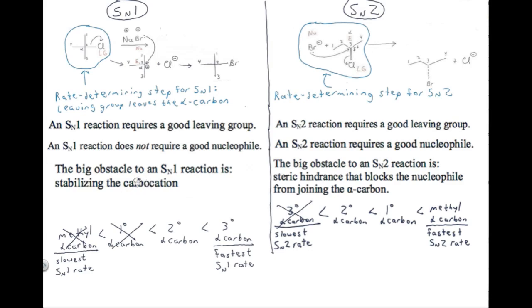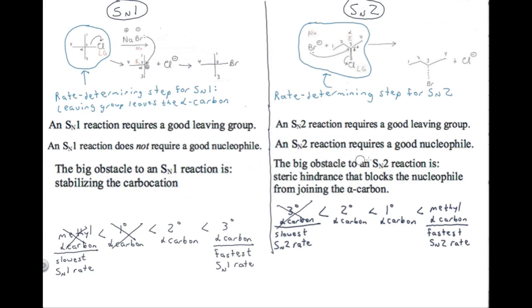What I mean by that is anything that helps to stabilize the carbocation intermediate will speed up an SN1 reaction, and anything that destabilizes the carbocation intermediate will slow down an SN1 reaction. That's the most important factor to consider when you're considering the rate of an SN1 reaction. Notice that's a completely different big obstacle than the big obstacle we discussed for SN2 reactions.